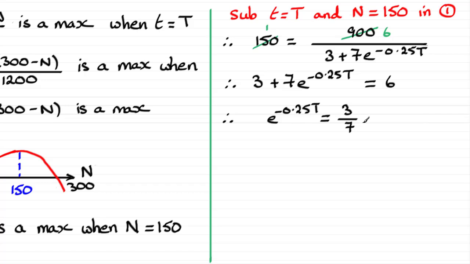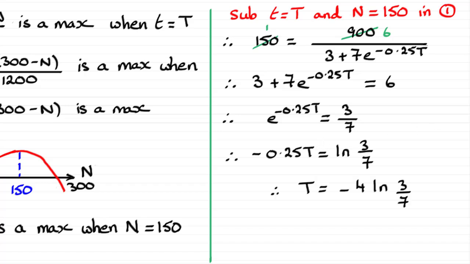At this point, all I need to do now is take natural logs to both sides, and that's going to lead to this result here. And we've got minus a quarter t, so I could actually multiply both sides here by -4 to leave me with t the subject. Doing that, I end up with this exact result.